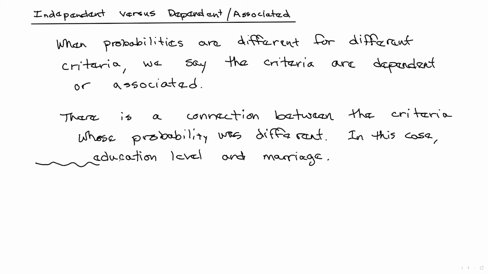Now, there is also the opposite situation. So you could go through and find the probability of things and end up getting the same result. When that happens, we would say that the two things are independent.